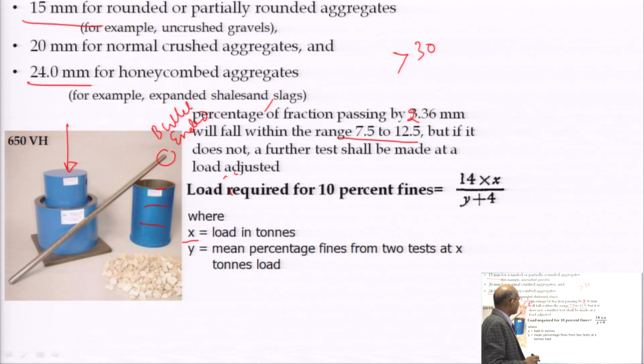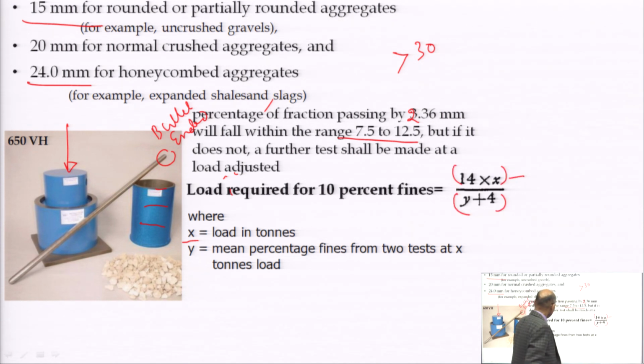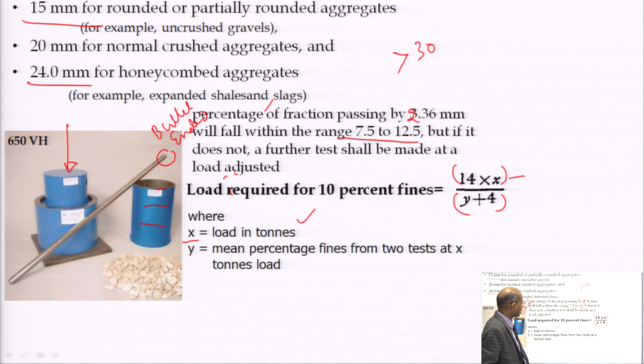The load required for 10% fines is given by 14 x divided by y plus 4, where x is the load in tons and y is the mean percentage fines from 2 tests at x tons of load.